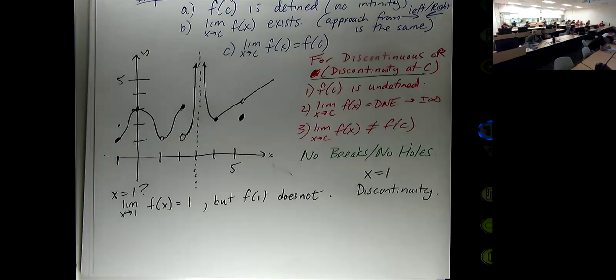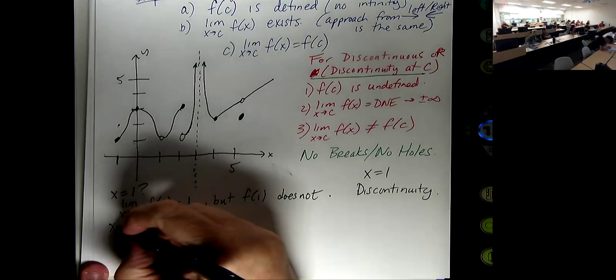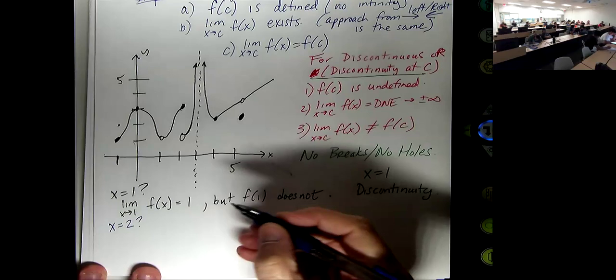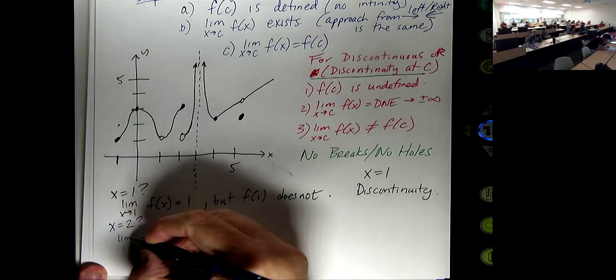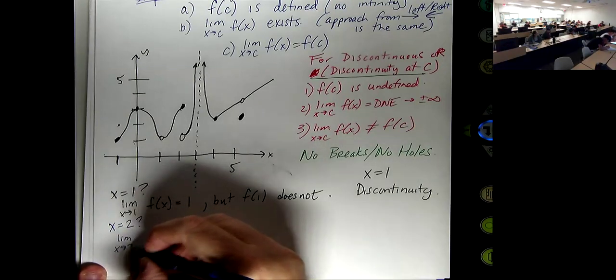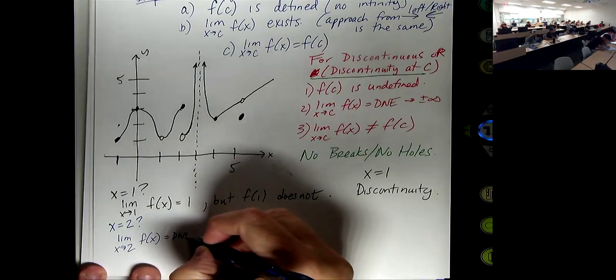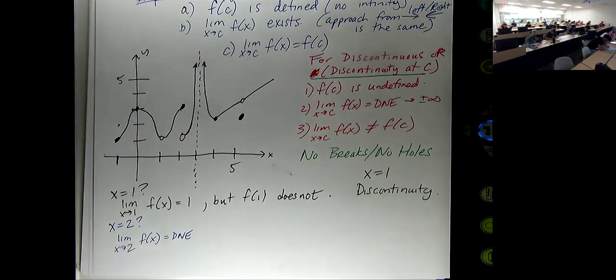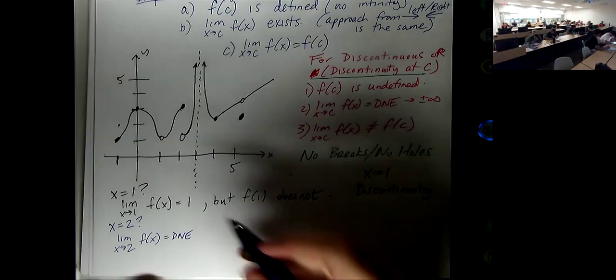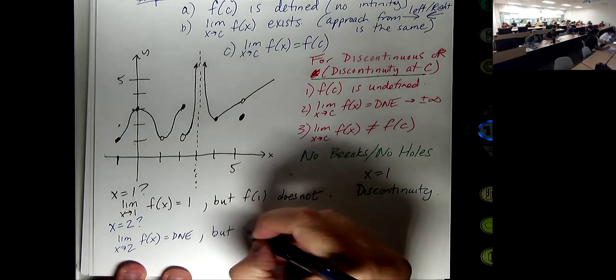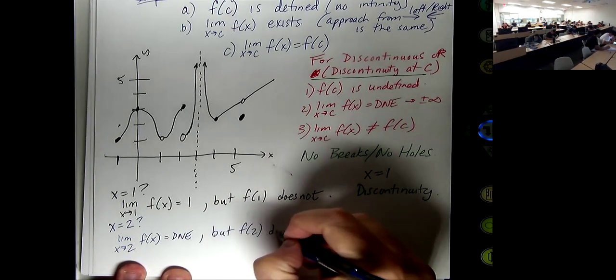When x is getting to two, we can see that the limit as x approaches two of f of x doesn't exist, because from the left and right they're approaching different values. But f of two does exist.